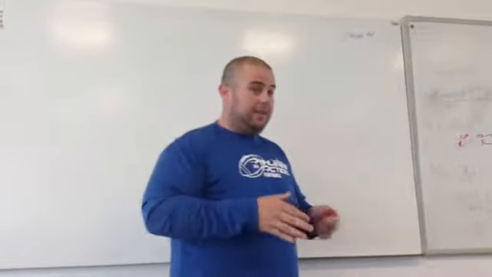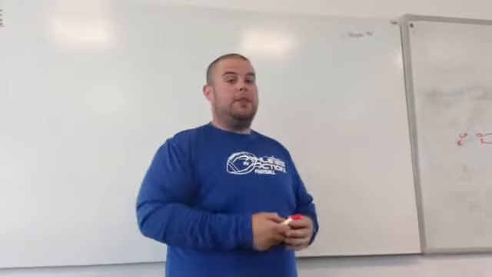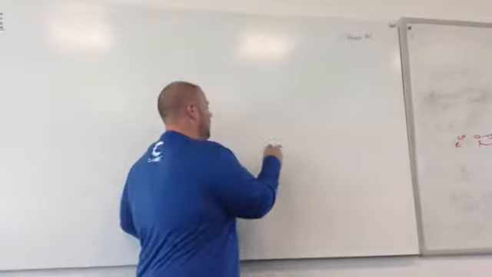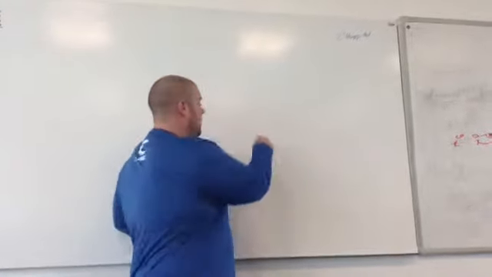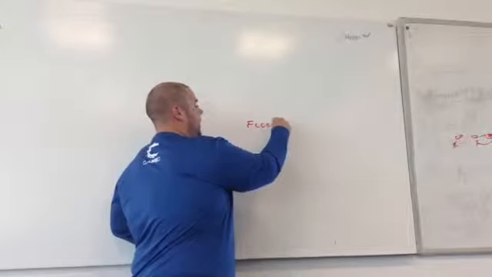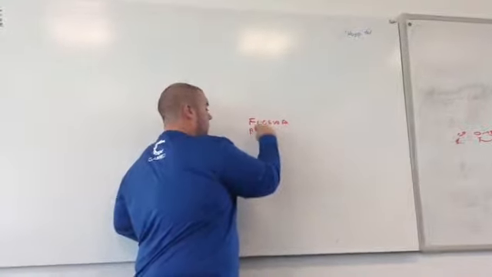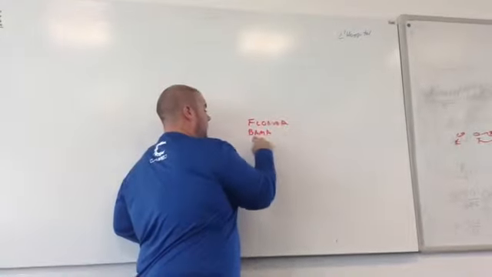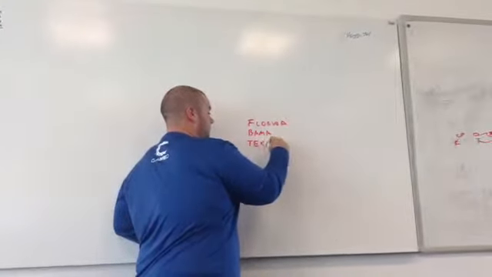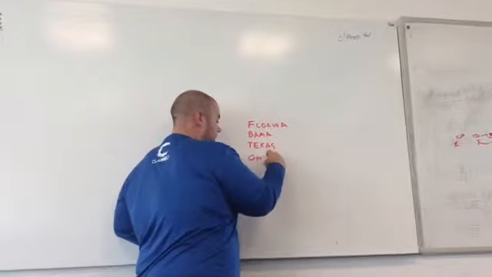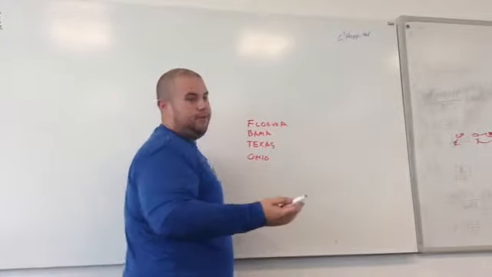The pattern stays the same, but we have different names for it. In our menu of plays, we have Florida, we have Bama, we have Texas, we have Ohio, and those are just four instances.